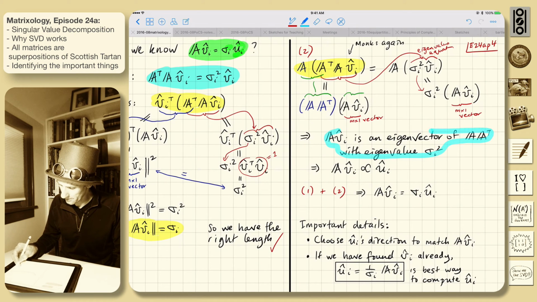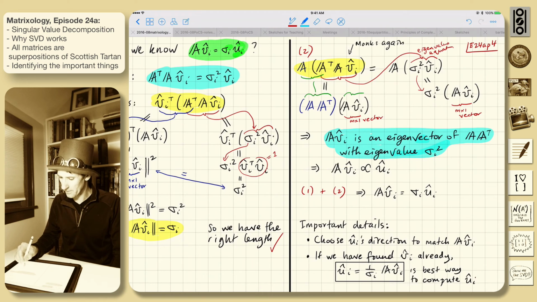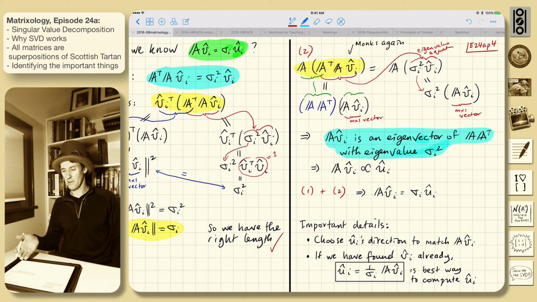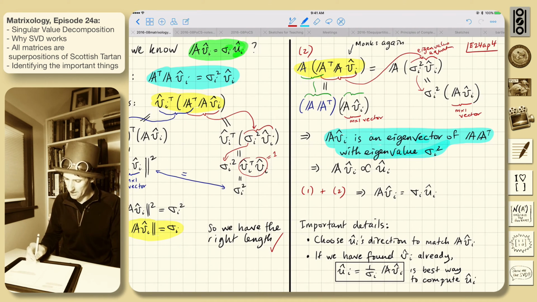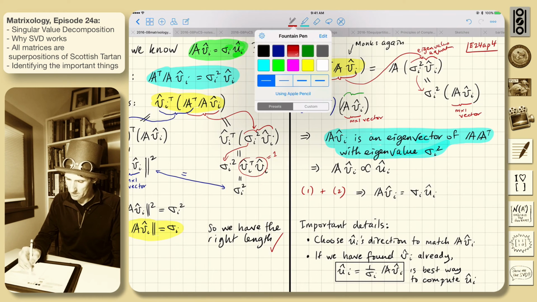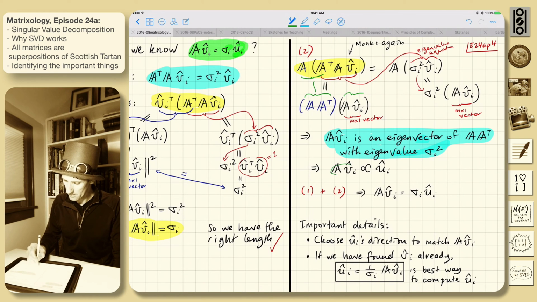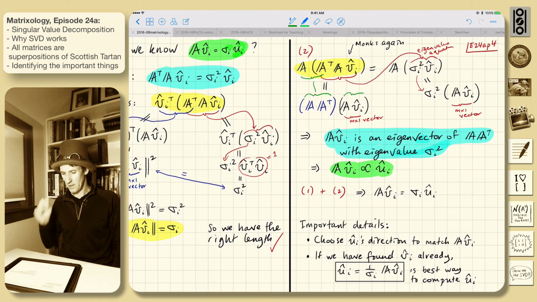It's an eigenvector of, so A times Vi, which is over in R^m, is an eigenvector of AA transpose. And it has this eigenvalue sigma i squared, which is to say, this rather amazing thing, that A times Vi is proportional to Ui.